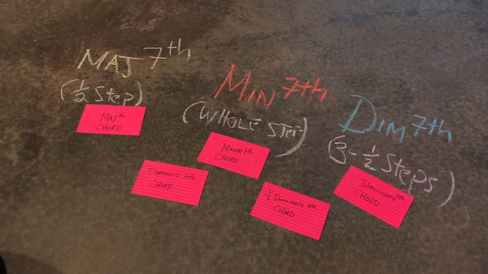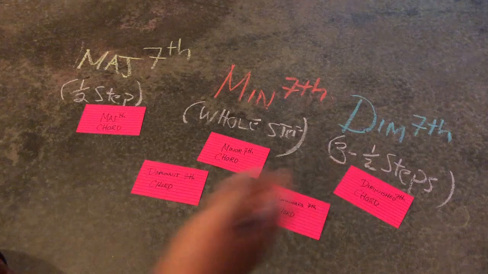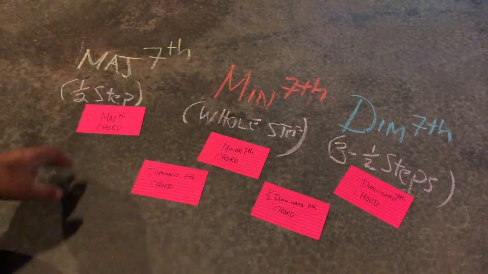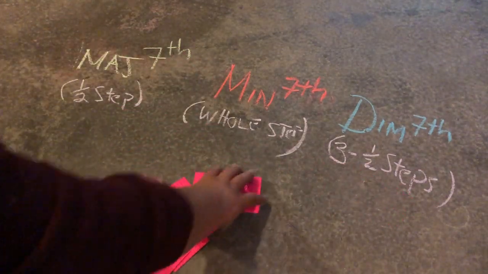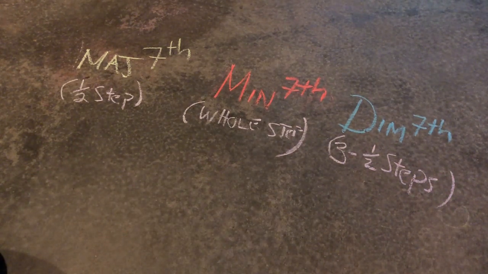Okay? All right, so just remember that if it's not major 7th and not diminished 7th, they all have minor 7ths in them. Let's try it a couple times, and then we'll move on and see if we can put this together.